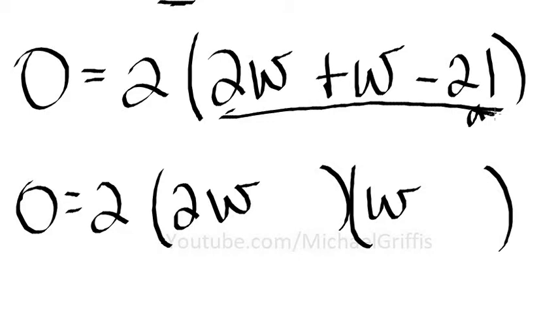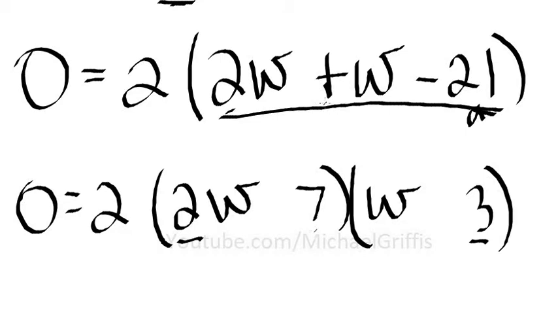So, let's see. If I put a 7 here, we just have to guess this out. So we have 2 times 3 is 6. And 6 and 7. Okay. So one of these has to be negative.